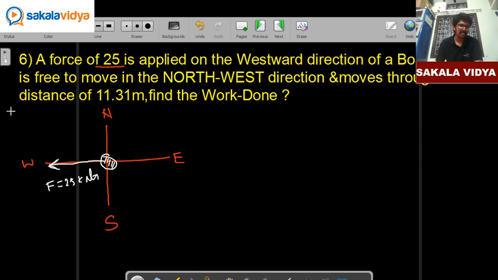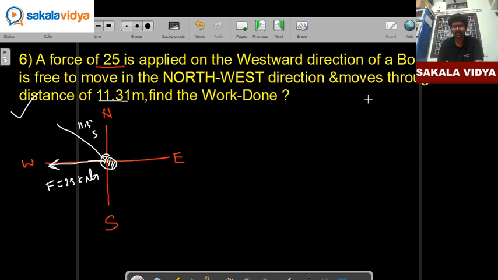This is our northwest direction, which moves through a distance of 11.31. So the displacement made by the boat is 11.31, which is given in the question.